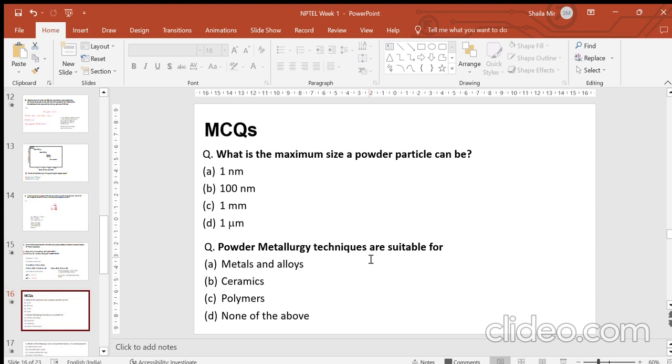The next question is: powder metallurgy techniques are suitable for metals and alloys, ceramics, polymers, or none of the above. So, powder metallurgy is used for which of the following?